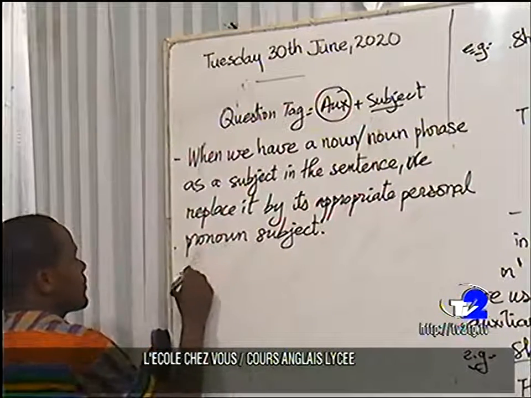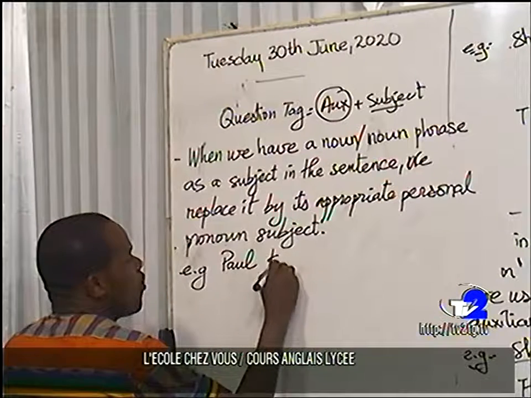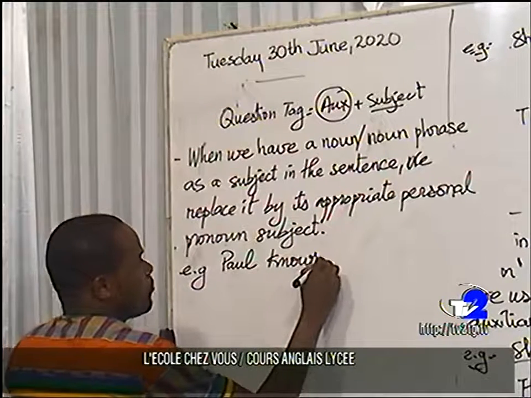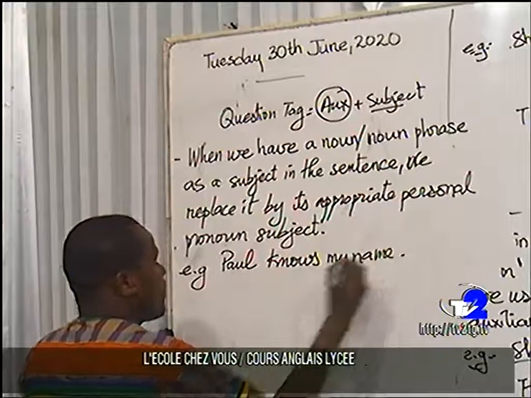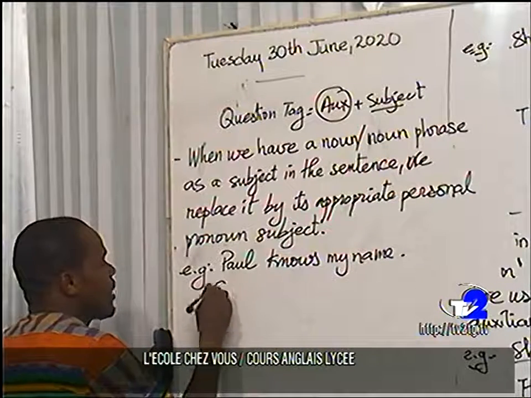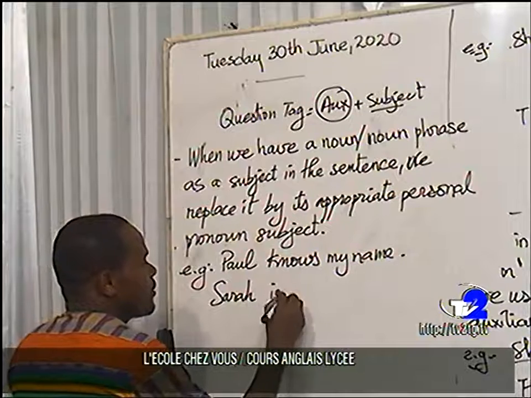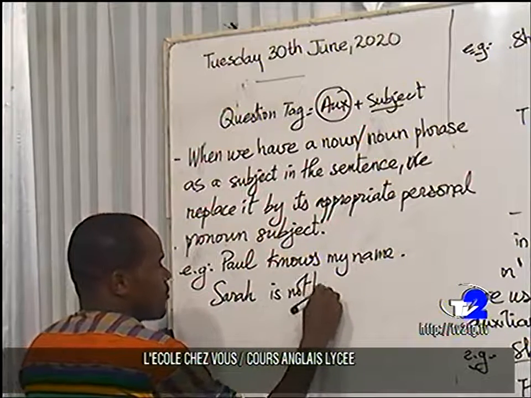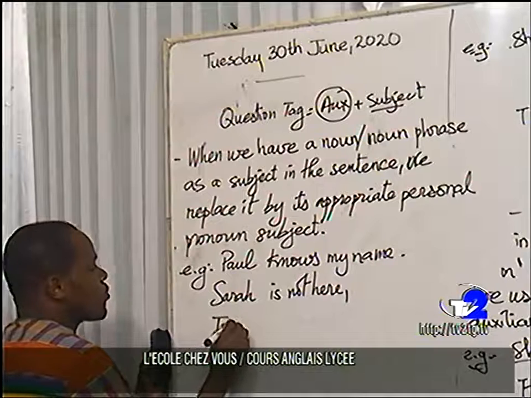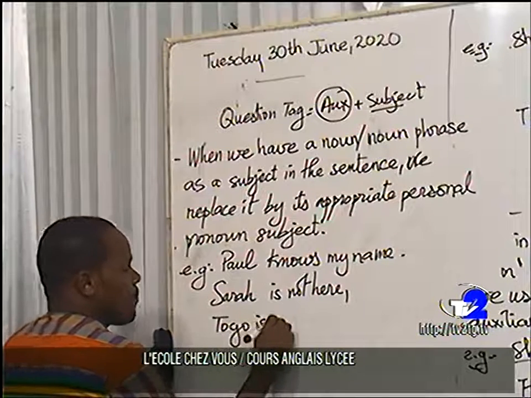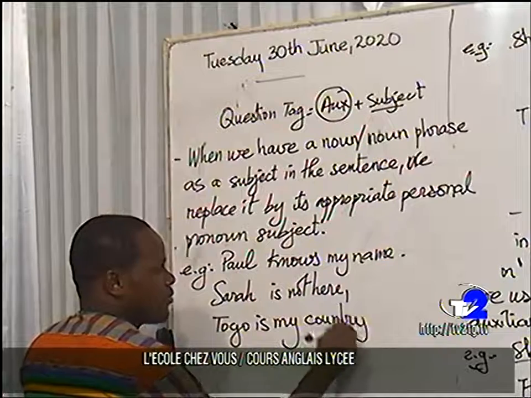So, for instance, Paul knows my name. Let me give you another one. We can use a girl's name: Sarah is not here. Another one: Togo is my country.